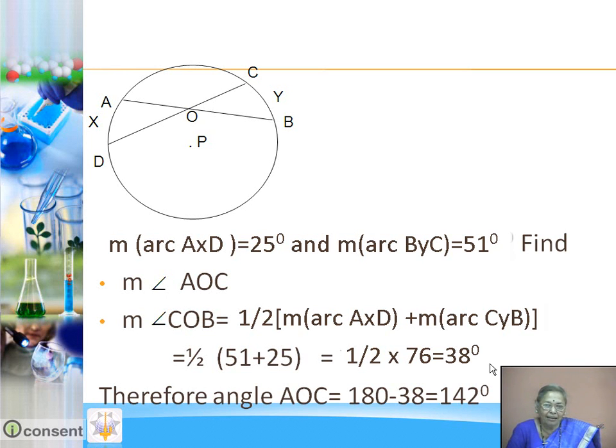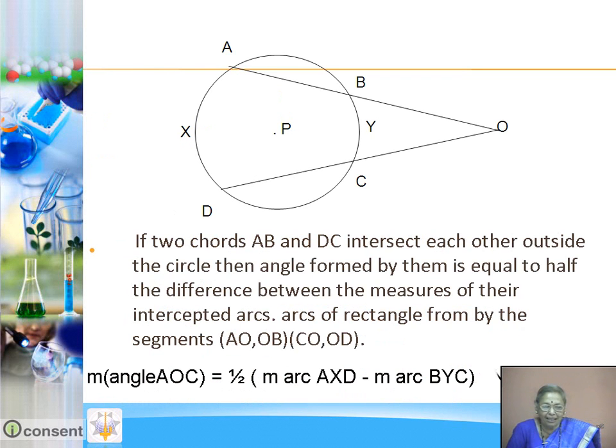या ठिकाणी दोन chords AB and DC. They are intersecting outside the circle. Point O is outside the circle. So, angle AOC will be equal to the difference of the measure of their arcs multiplied by 1/2.